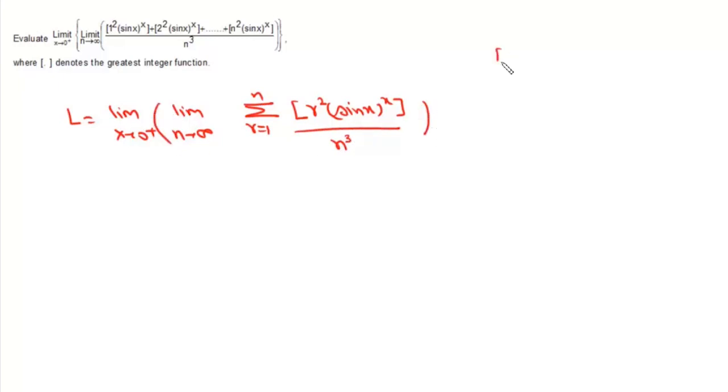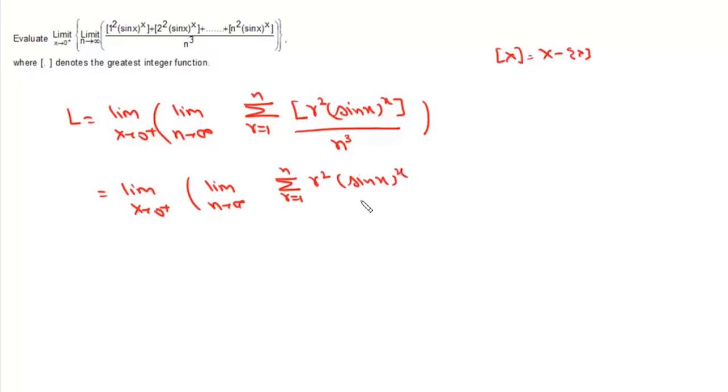Now we can write the greatest integer function of x as x minus the fractional part of x. So it will be this limit x tends to 0 positive, and limit n tends to infinite, and then we can write this as summation r varies from 1 to n of r square sine x to the power x upon n cube, minus this limit n tends to infinite of the fractional part of r square sine x to the power x upon n cube.